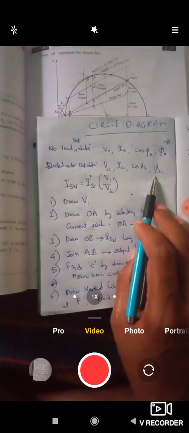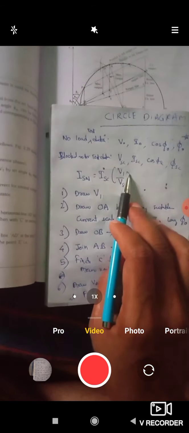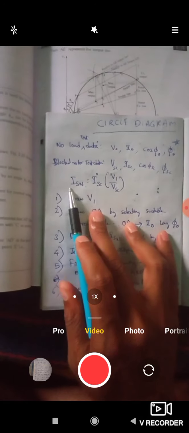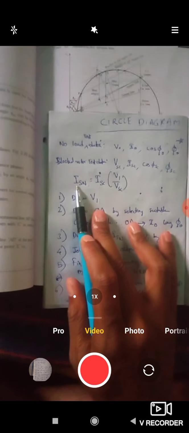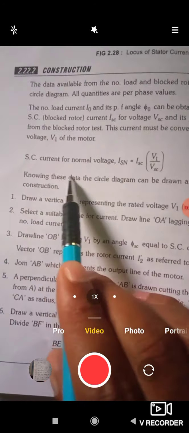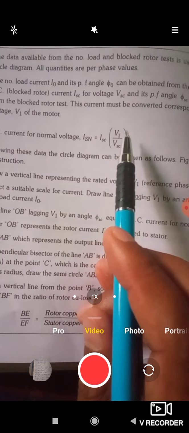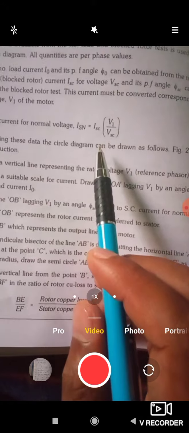From that, the power factor angle phi SC. So from this data we have to find the short circuit current under normal condition, that is ISN. ISN is the short circuit current for normal voltage, that is ISN equal to ISC into V1 by VSC.